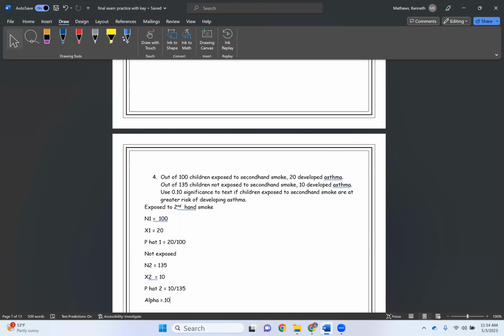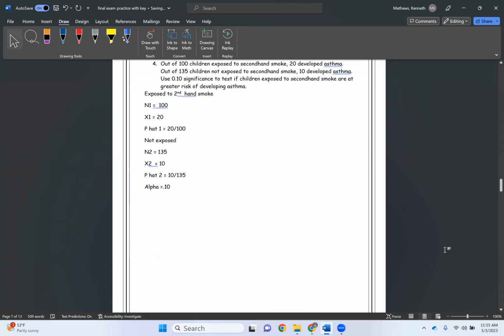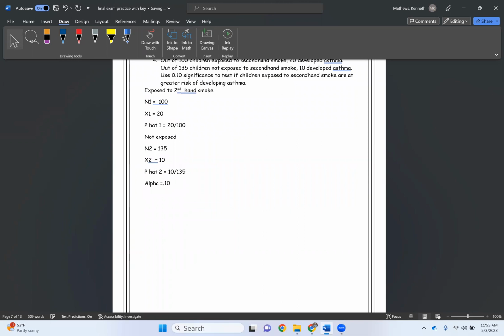And we're trying to see if children exposed are at greater risk. That means the incidence of asthma in those exposed is greater than those who are not exposed. So the claim is that P1 is greater than P2. So now we know it's going to be a right tail z-test.